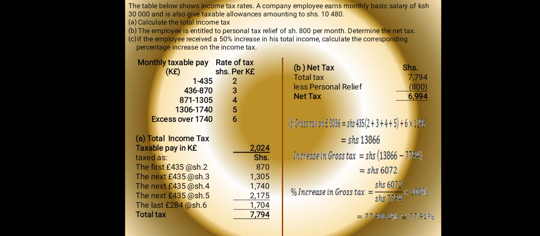The table below shows income rates. A company employee earns a monthly basic salary of 30,000 shillings and is also given taxable allowances amounting to 10,480 shillings. A. Calculate the total income tax.